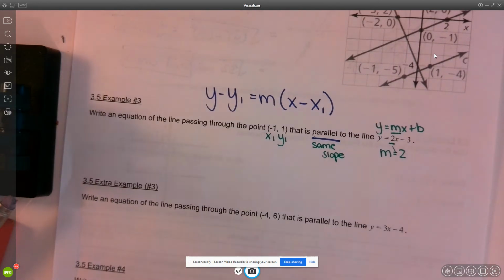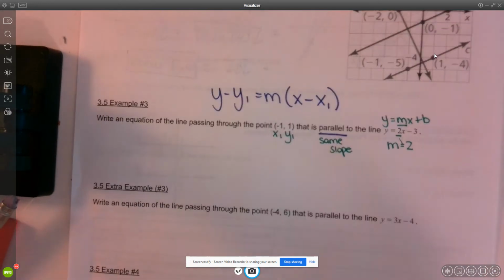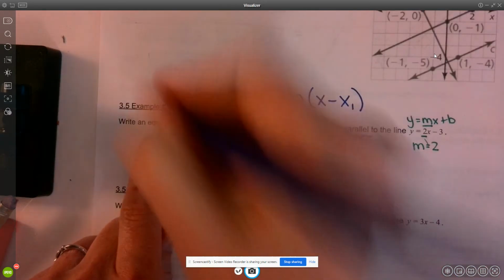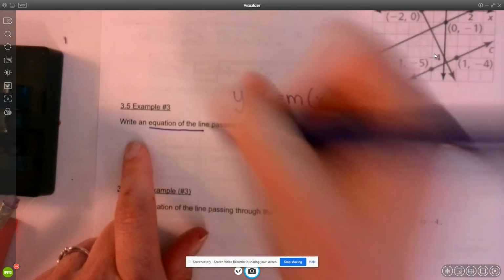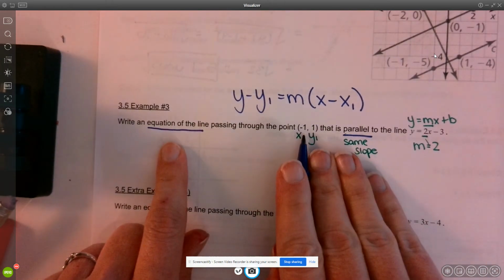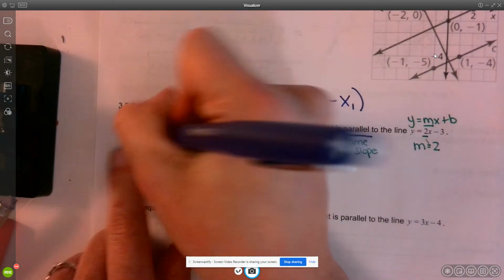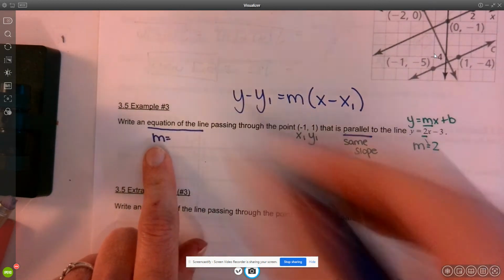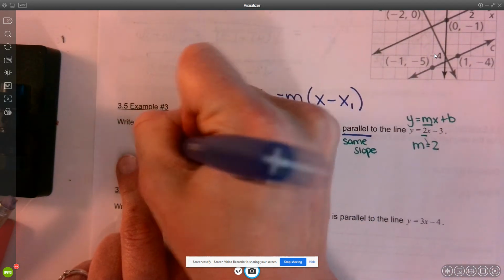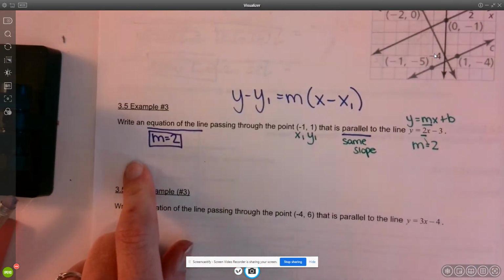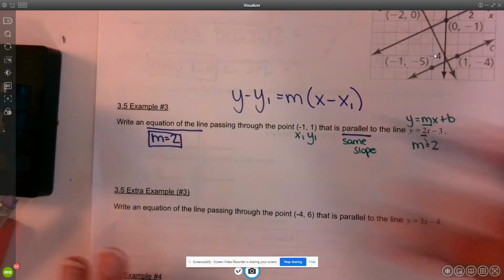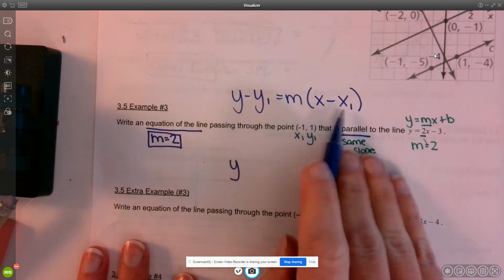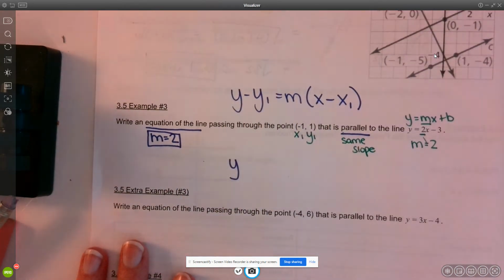All right, so let's put together the equation of our line. The point that it's going to go through is -1, 1, and our slope needs to be equal to the slope of this line. So our slope is also 2. Now we're ready to write the equation of our line. I'm going to plug my 3 values into my point slope formula.